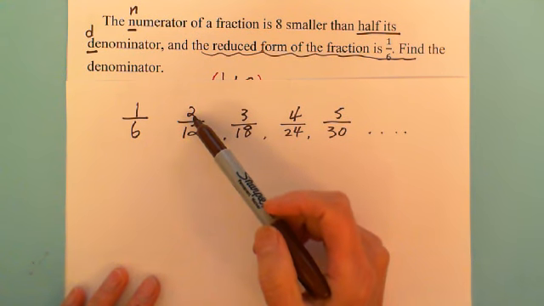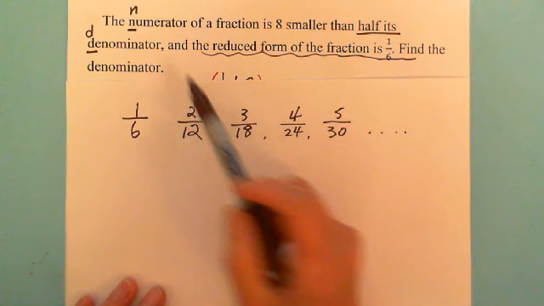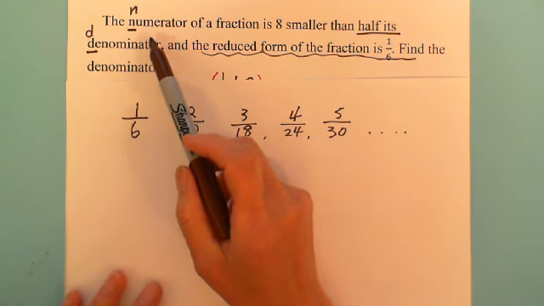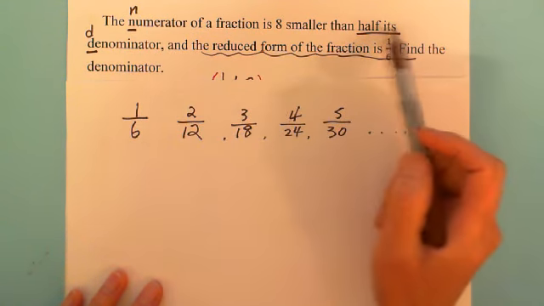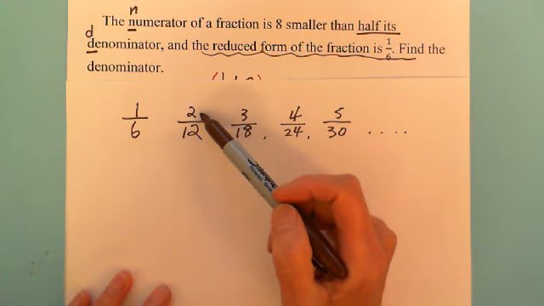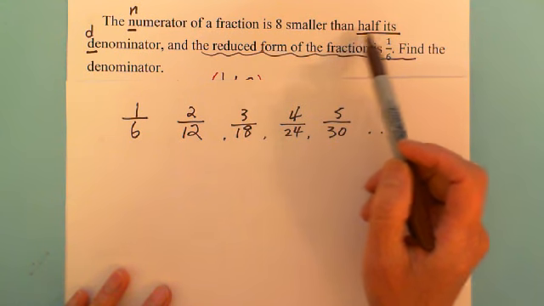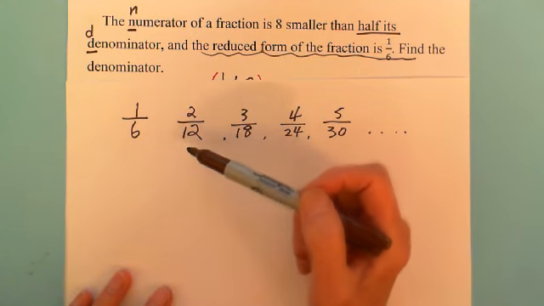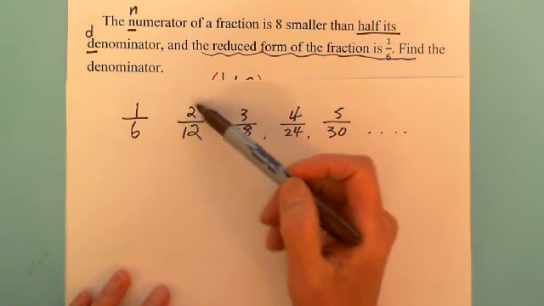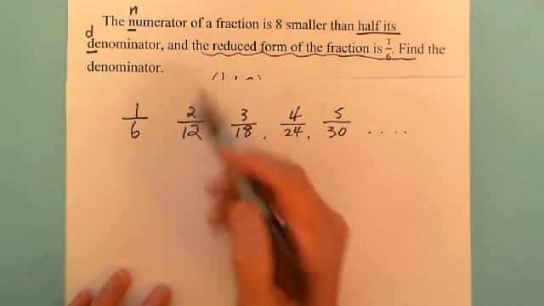Let's say you try 2 over 12. The first sentence gives us the relation between numerator and denominator: the numerator is 8 smaller than half of its denominator. First, let's do half.